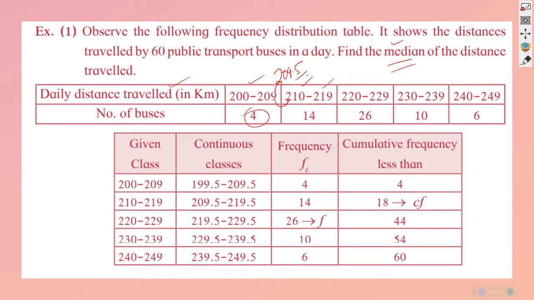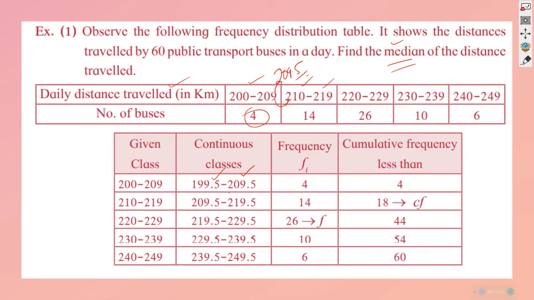So the table can be like this. 200 to 209 can be written as 199.5 to 209.5. We found in the last video that by changing this, the class value, the class mark, is not changing. So there is no harm in doing this.